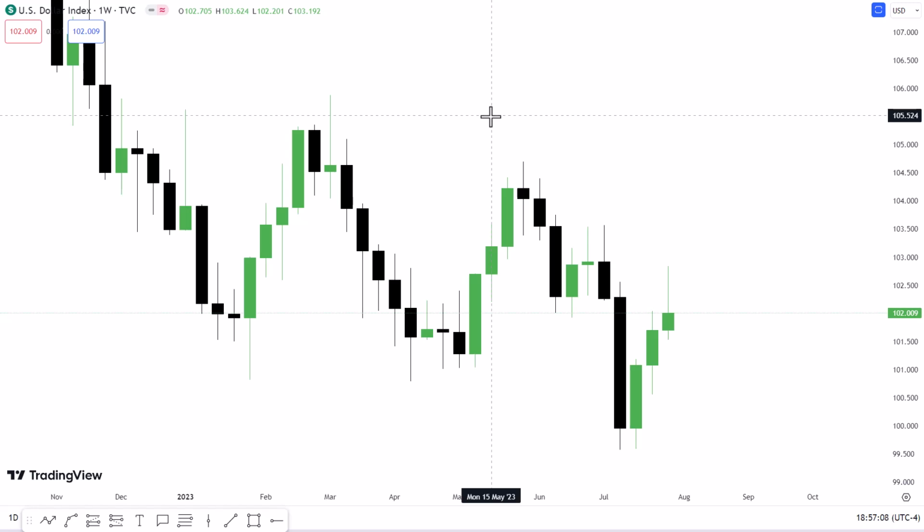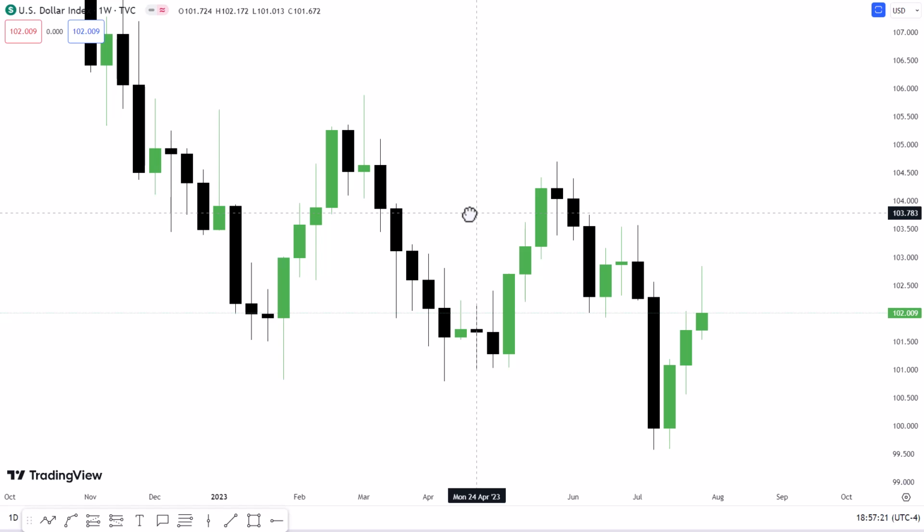Now we're going to make analysis regarding the dollar index and the euro dollar and how this affects every other USD pairs. So to start, we'll start with the dollar index. We are using the dollar index because this has a lot of impact on other USD currency pairs.